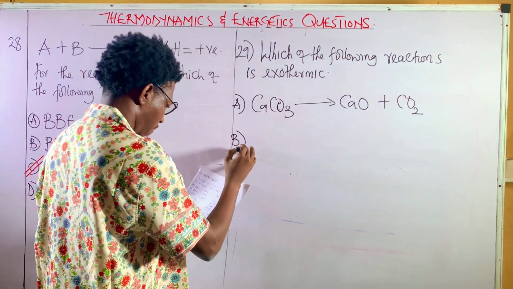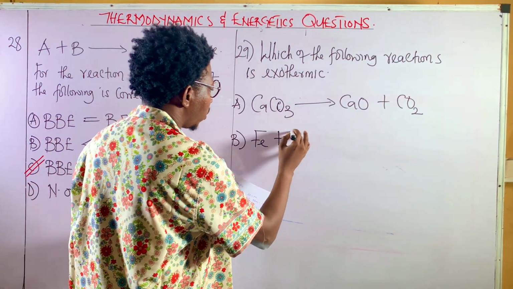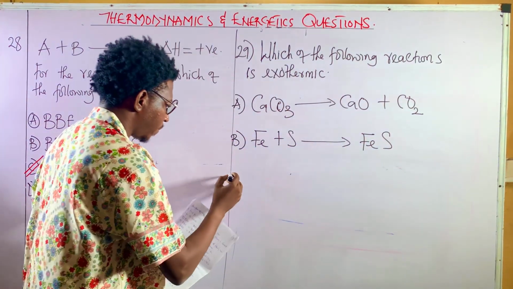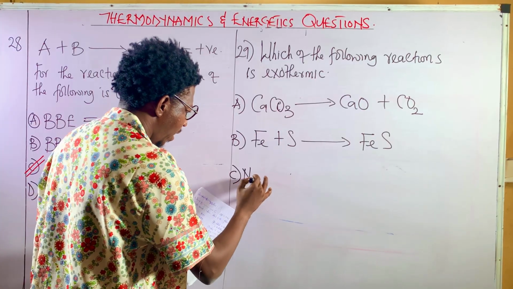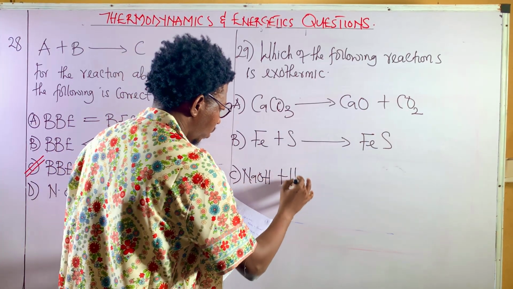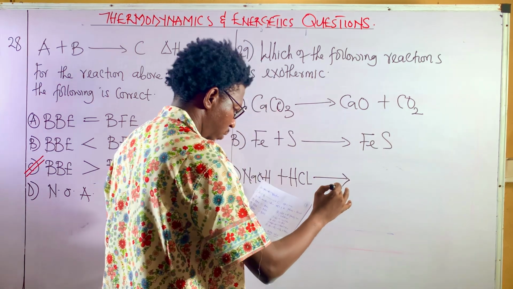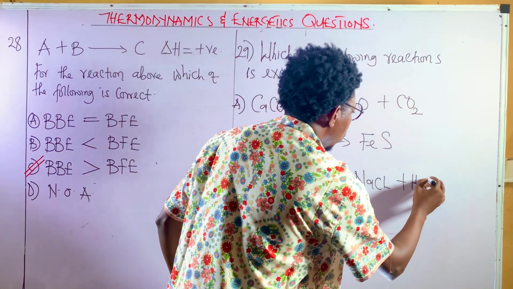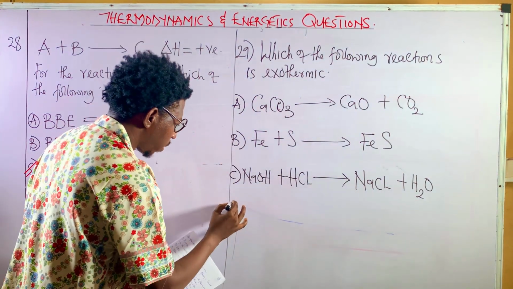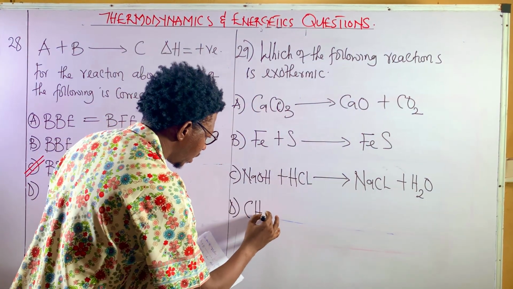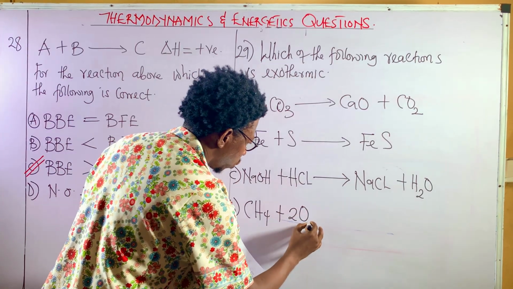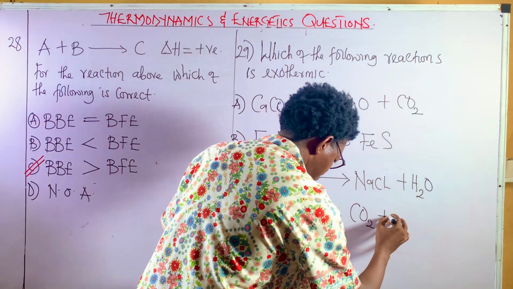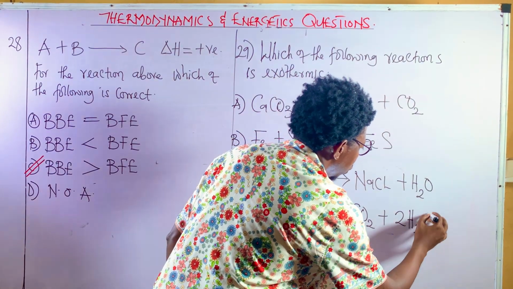Option B, Fe iron plus sulfur to give iron 2 sulfide. Option C, NaOH plus HCl to give NaCl plus H2O. Option D, CH4 plus 2O2, 2 oxygen to give CO2 plus 2 H2O.